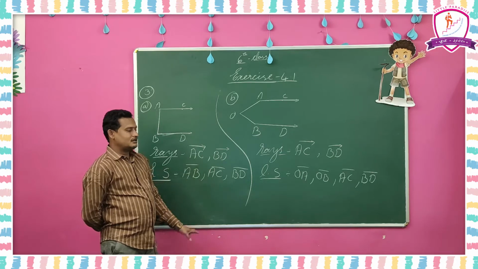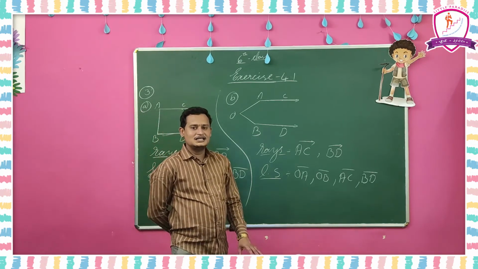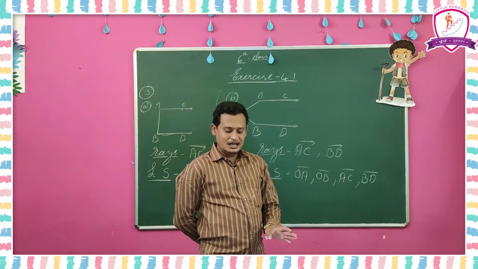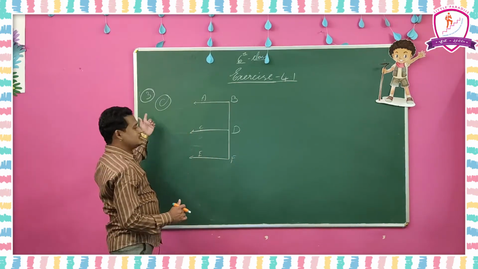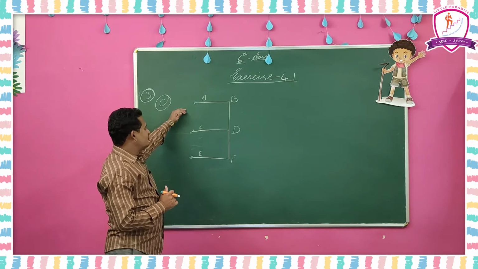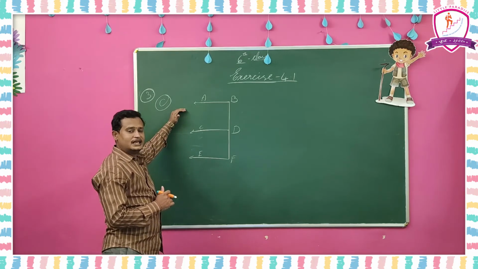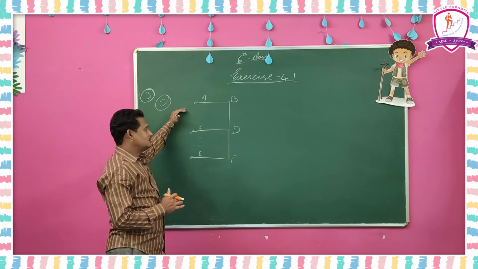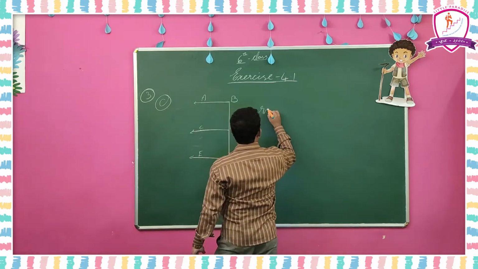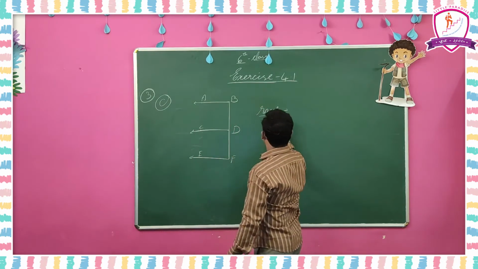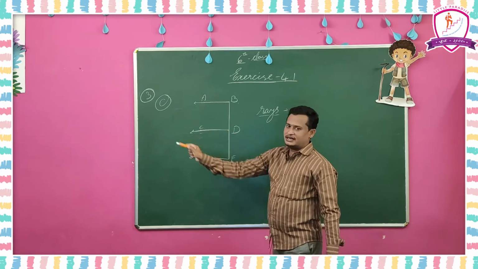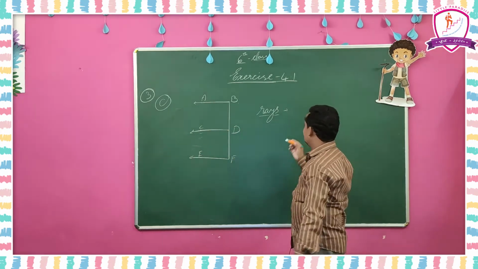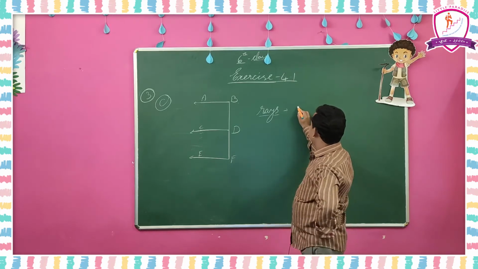So like that you have to write how many rays and how many line segments are there in the given figure. Coming to the third Roman numeral, here also we have to find how many rays and how many line segments there are. First rays, how many rays can you observe here? B to A one ray, D to C one ray, and F to E. So here 3 rays.